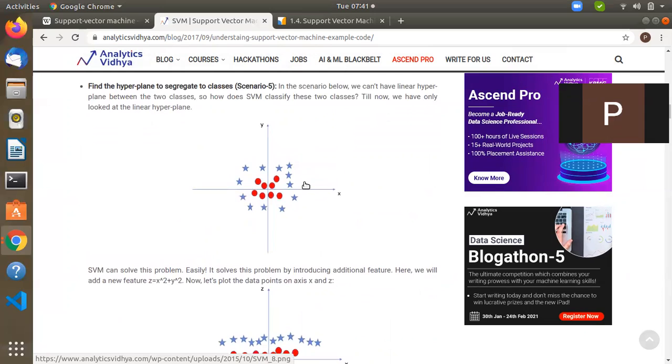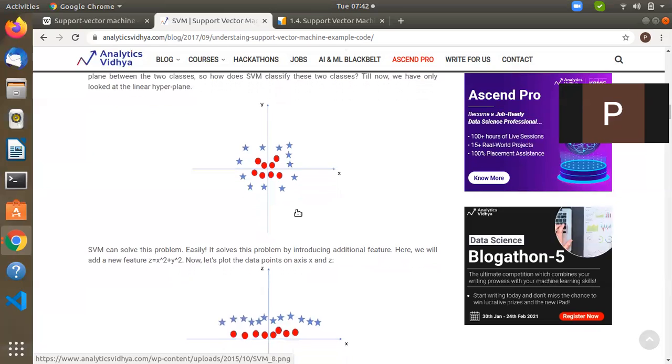There are also scenarios where the red dots, one type of data, are in circular mode and circle another type, class B. How can we segregate that, how can we solve this problem using SVM? We will be discussing that.